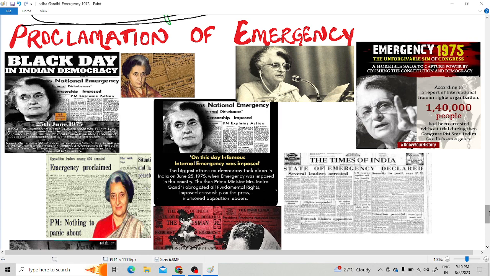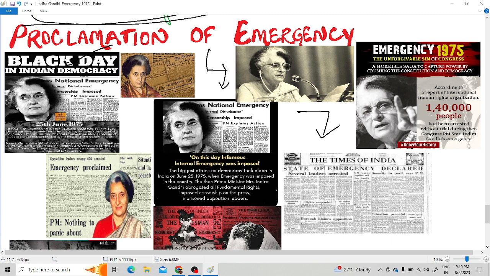Finally, the day has occurred and the proclamation of the emergency took place. You can see so many news items, so many paper cuttings regarding that particular day. On this day, infamous internal emergency was imposed.